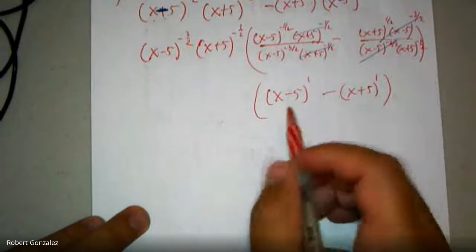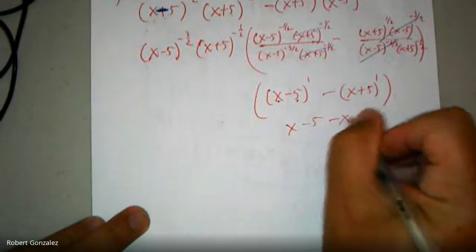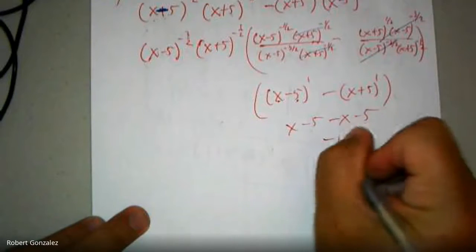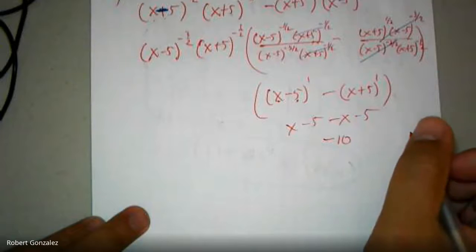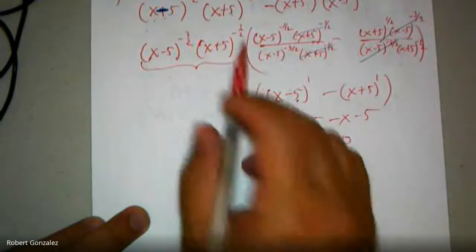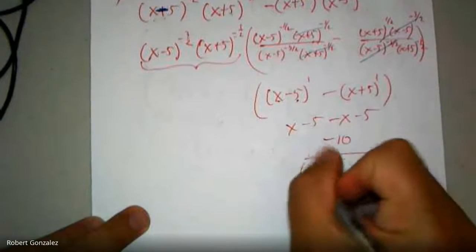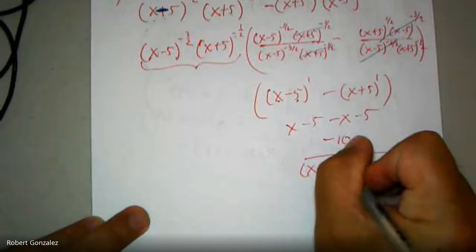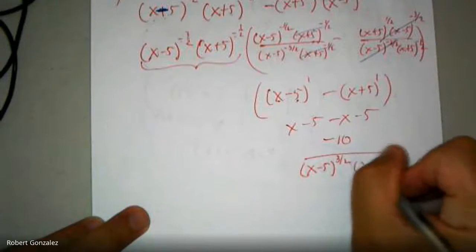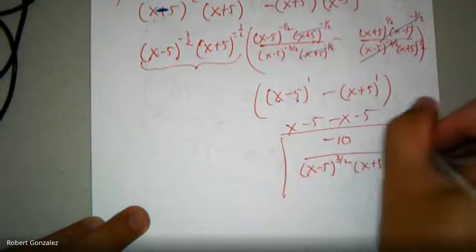When I simplify this, I have x minus 5 minus x minus 5, giving me negative 10. Now I have to bring these down, and these are going to be in the denominators because they have negatives. I'm going to get x minus 5 to the 3/2 and x plus 5 to the 1/2. Done.